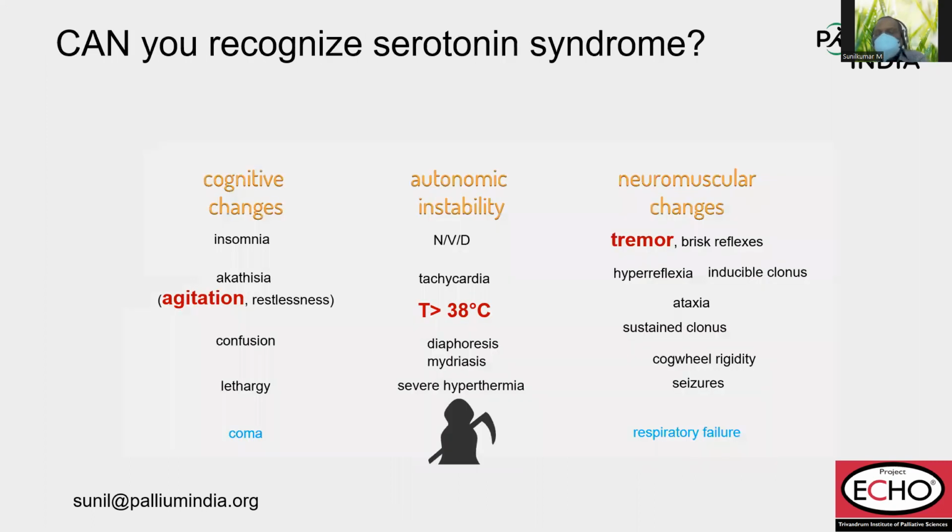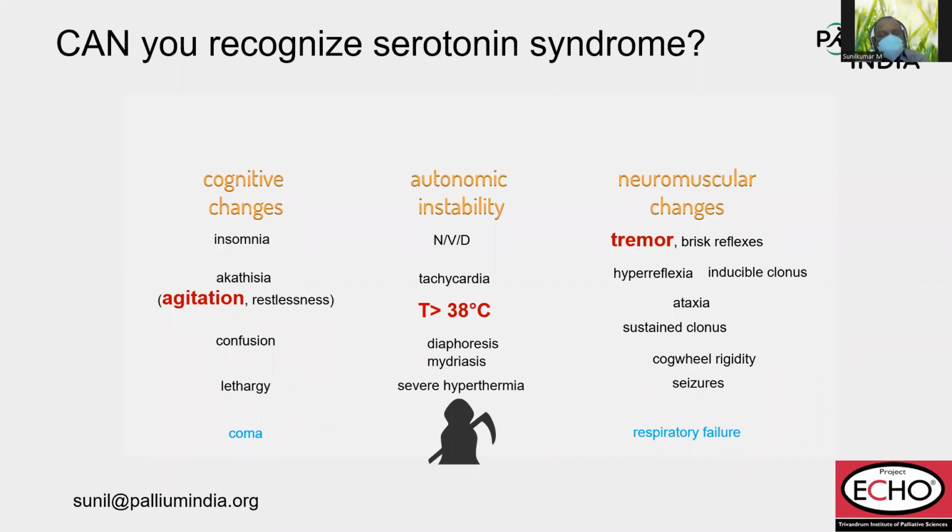So, how will you diagnose serotonin syndrome? There are many symptoms by which you can make out the patient has serotonin syndrome. This includes the cognitive changes, autonomic instability, and neuromuscular changes. In cognitive changes, it may range from insomnia to coma.